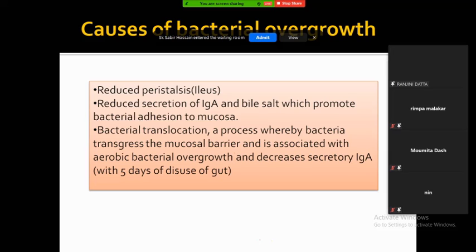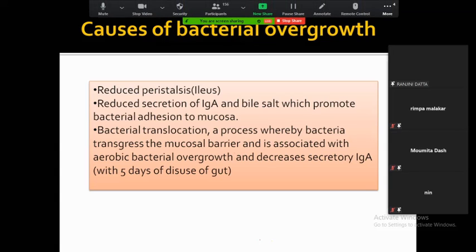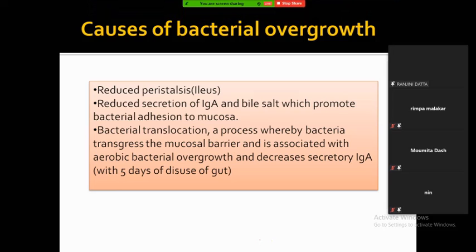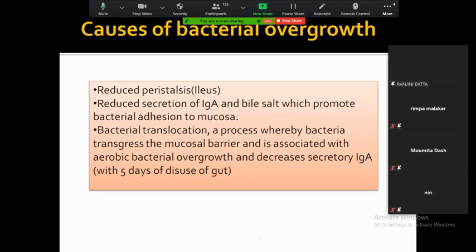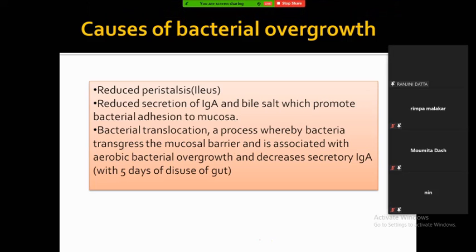Mucosal permeability will increase, and then these bacteria will cross the mucosal barrier and go into our bloodstream, where other opportunistic infection then sets in. This is also one of the ways continuous parenteral nutrition increases the chances of patients getting nosocomial or hospital acquired infection. And this is noted within 5 days of gut disuse, which happens if the patient is only on parenteral nutrition.